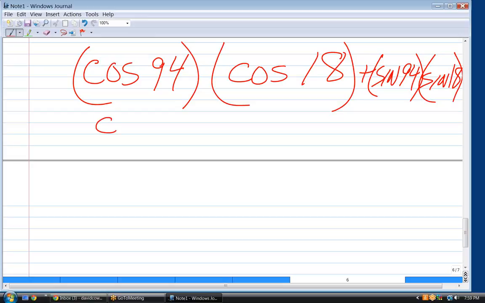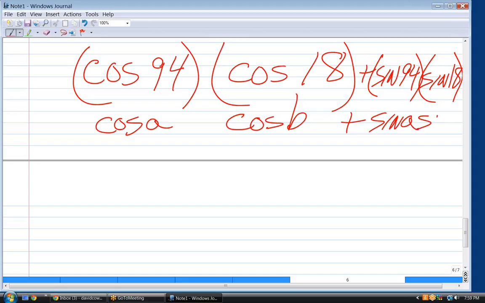We're looking at the cosine of A, cosine of B, plus sine of A, sine of B. Well, that's the identity for the cosine sum and difference.